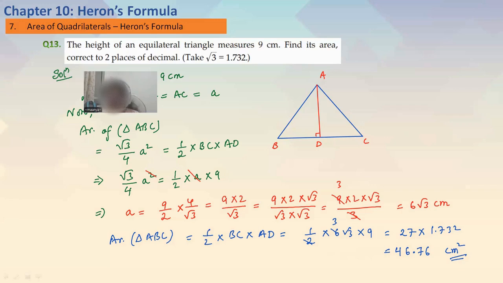Even if you write it approximately like that, it'll be just one decimal place, right? You have to write two decimal places. It has to go up to 46.76. Okay, fine.